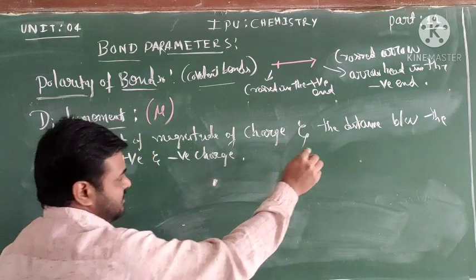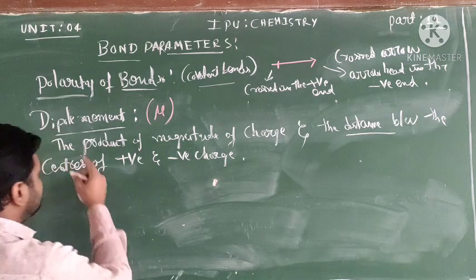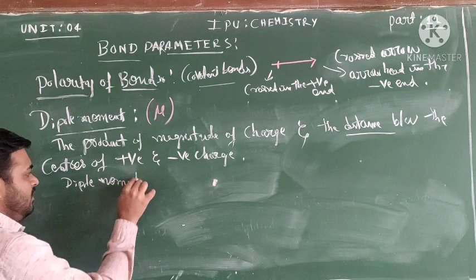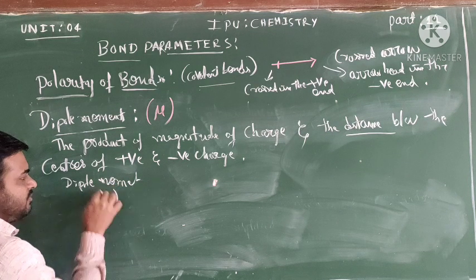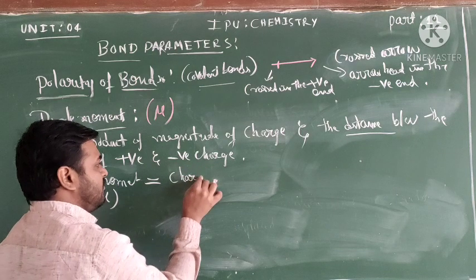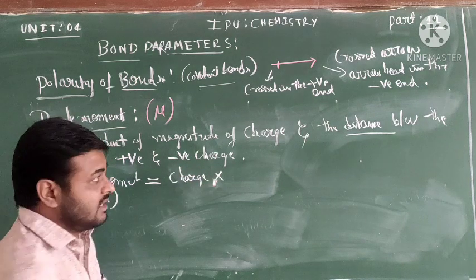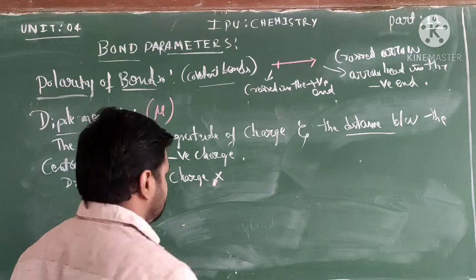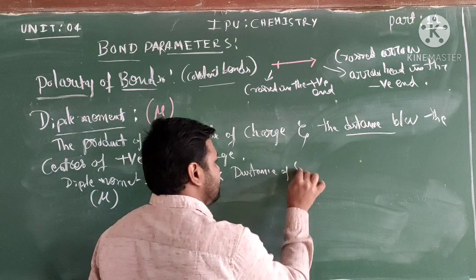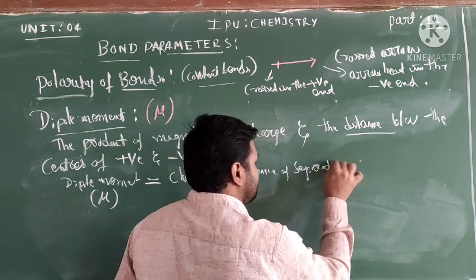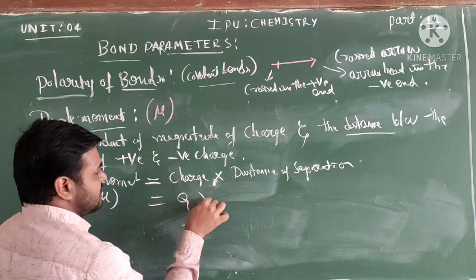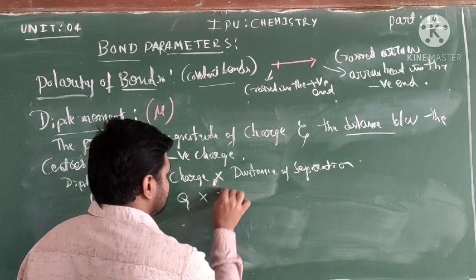So we represent dipole moment, mu, as charge into distance of separation. The representation is q for charge, and the distance of separation is r.